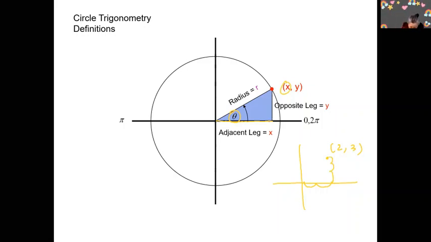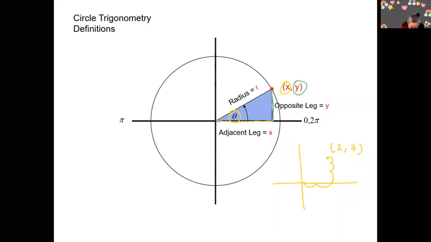So then now we have the length of the vertical leg, which is the opposite leg of that theta angle given, will match the Y coordinate of the coordinate on top of that right triangle.